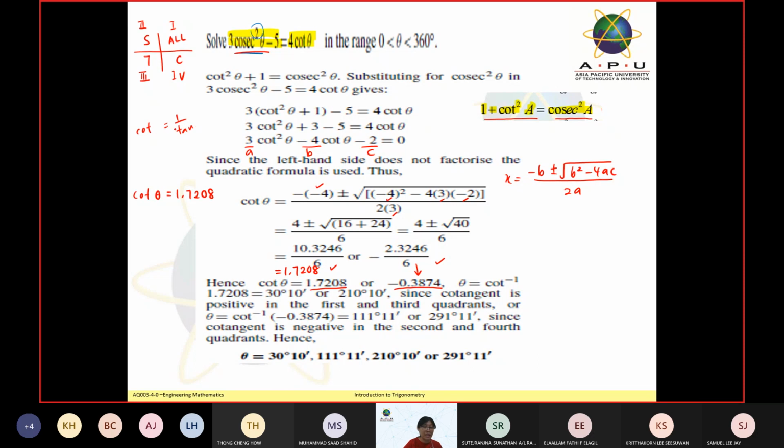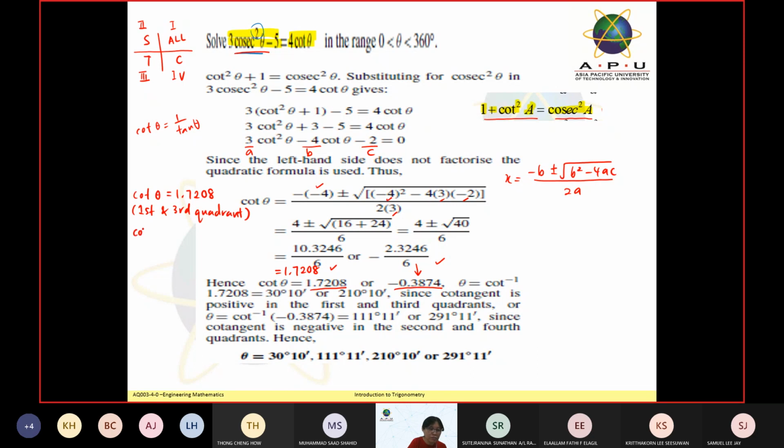Tangent is positive in the first and third quadrant. So for cotangent, which is positive, it means it's in the first and third quadrant.